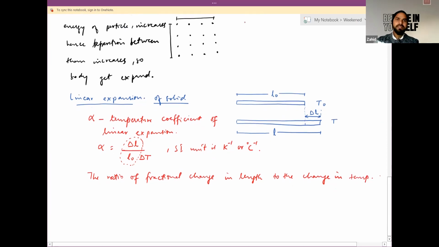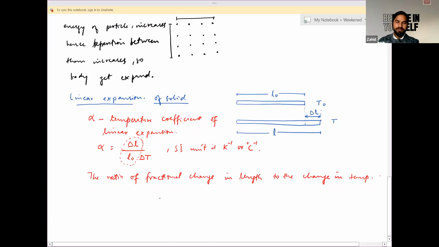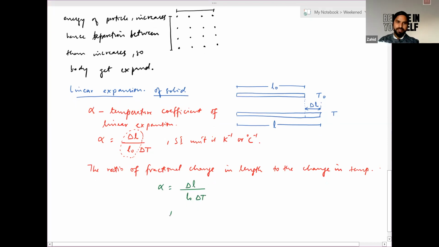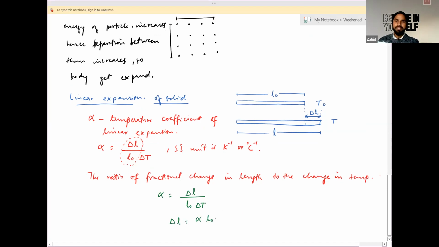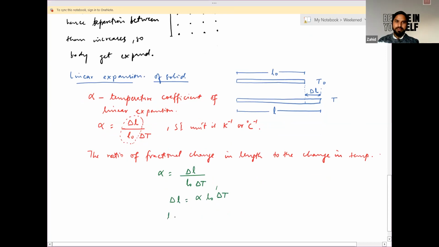Now, if you expand this relation, we have alpha equals delta L by L naught times delta T. So just take cross multiplication. So delta L will be equal to alpha times L naught into delta T. Delta L equals L minus L naught, so L minus L naught equals alpha L naught into delta T. Now move this L naught to the right side.